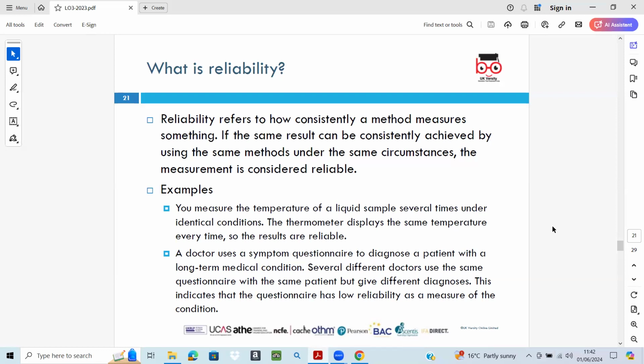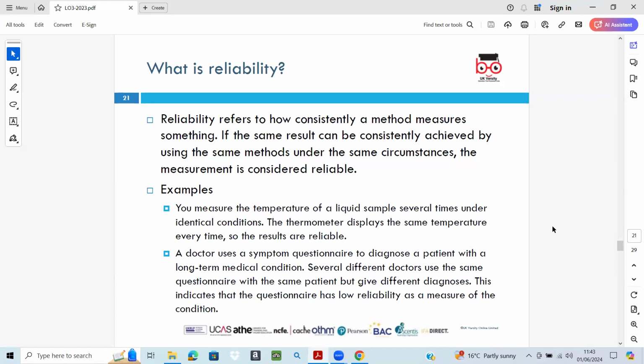However, each doctor provides a different diagnosis based on the questionnaire responses.